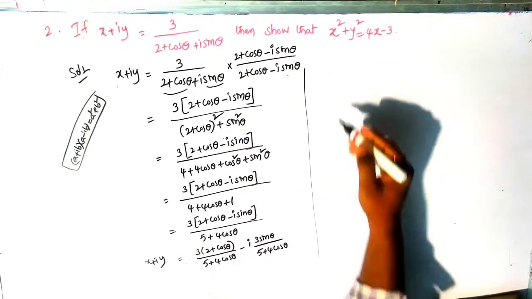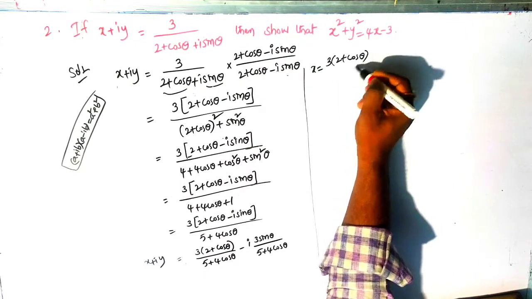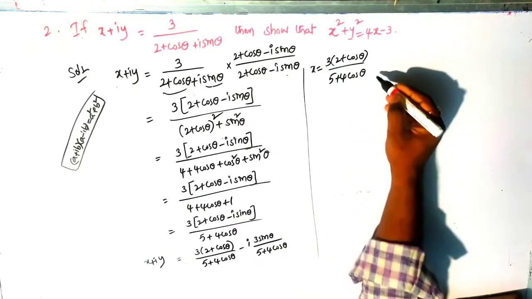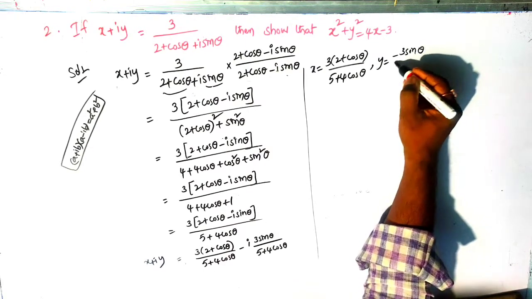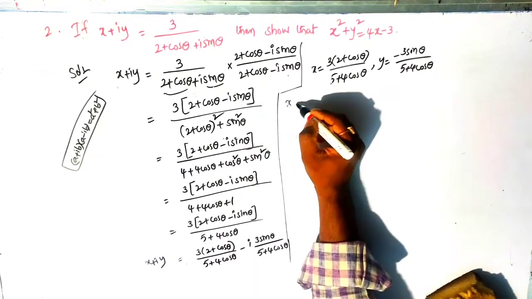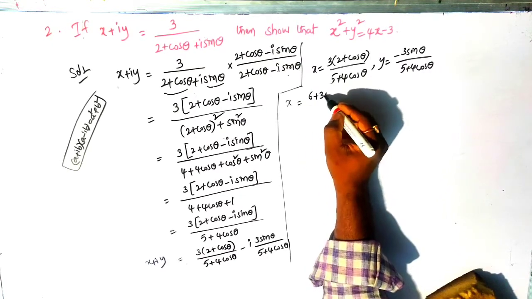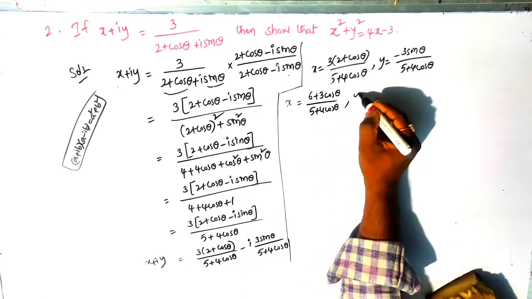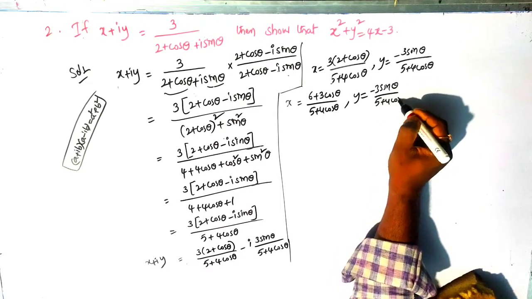Now x equals, what is x here? 3 of 2 plus cos theta divided by 5 plus 4 cos theta, and y equals minus 3 sin theta divided by 5 plus 4 cos theta. So now x equals 6 plus 3 cos theta divided by 5 plus 4 cos theta, and y equals minus 3 sin theta divided by 5 plus 4 cos theta.